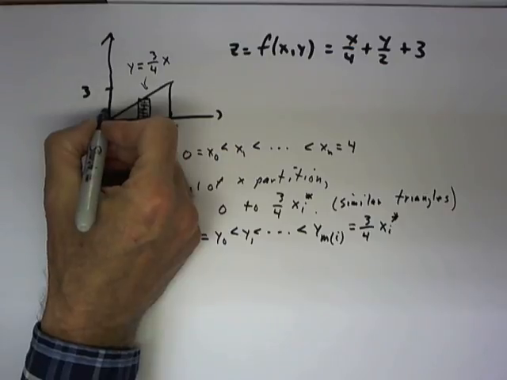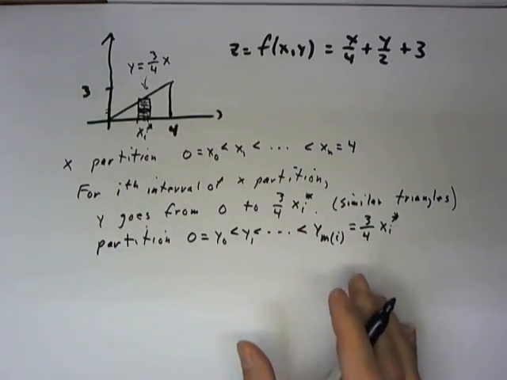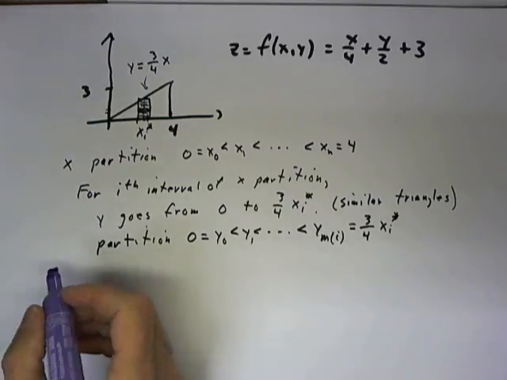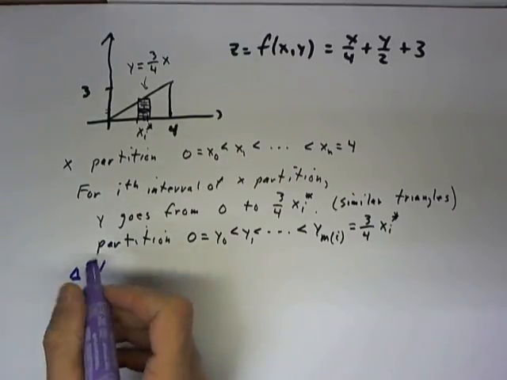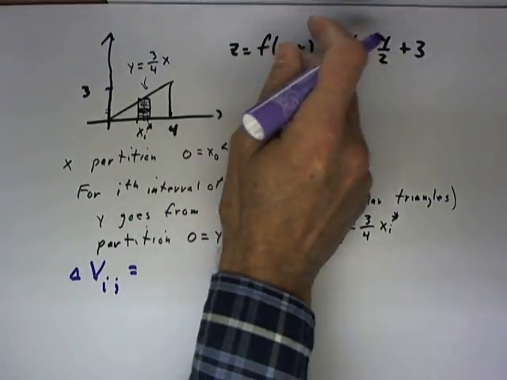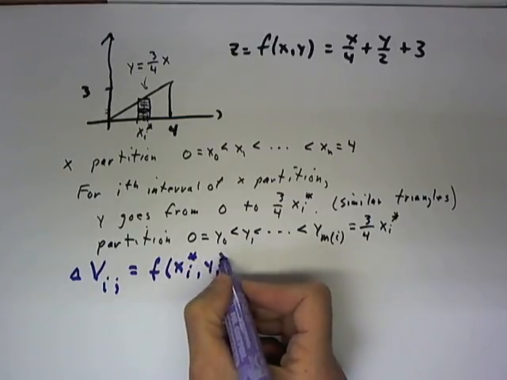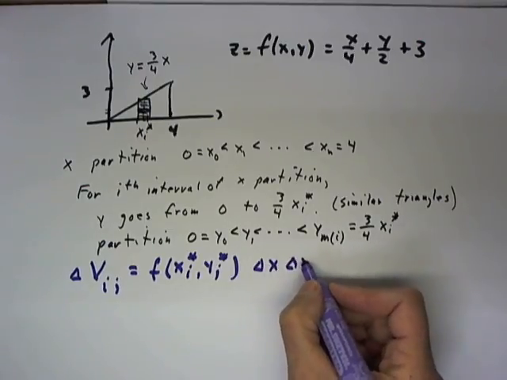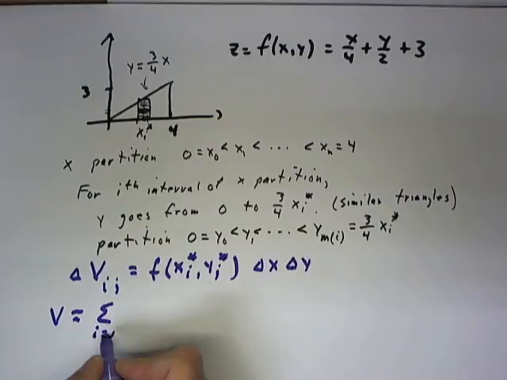So for this interval we have a delta y j here giving us an interval over here with sample point xi star, yj star, and we're going to then say that the contribution to the volume corresponding to the ijth interval is our function f of xi star, yj star multiplied by delta x delta y, so that our total volume is approximately equal to the sum from i equals 1 to n.